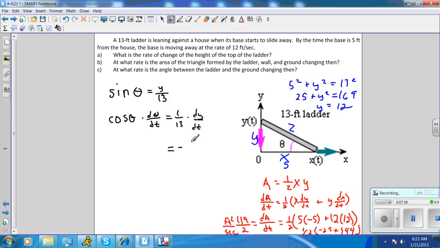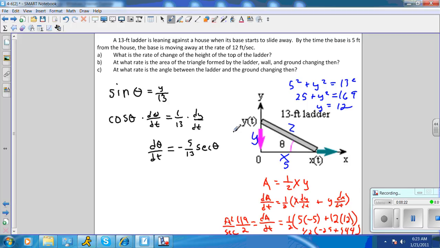That makes this side -5/13. We want the rate of change, d theta/dt. If we divide both sides by cosine theta, this side would become secant theta, remembering that 1 over cosine is secant theta. So, without knowing what the actual angle is, this would have to be my answer.